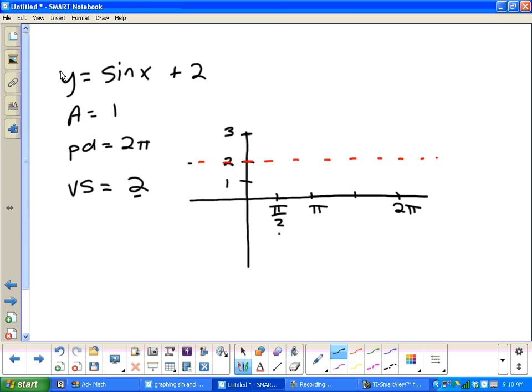So pi over 2, 2 pi over 2, 3 pi over 2, and 4 pi over 2. Now, it's a sine curve. We used to say sine would start at the origin, but now it's going to start at the new origin, which will be the center line. So is it going to start at 2, 3, or 1? At 2, and then it's positive, so it would go up.